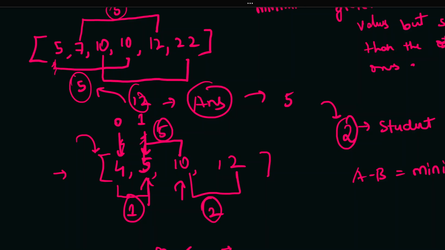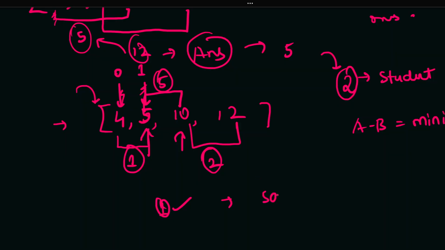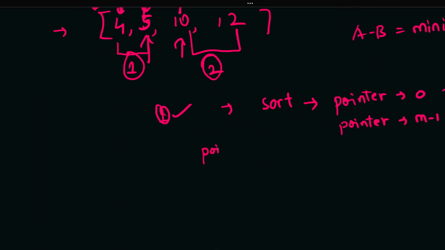So the answer is nothing but you sort the array. Then you have a pointer at 0 and another pointer at m minus 1. So that is equal to m, right? We have m considerations. Then what we'll do? This is pointer 1 and pointer 2. Pointer 2 runs until it reaches n, sorry, n, you'll run a while loop.